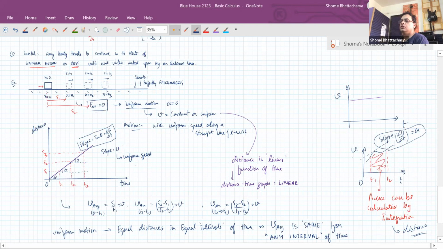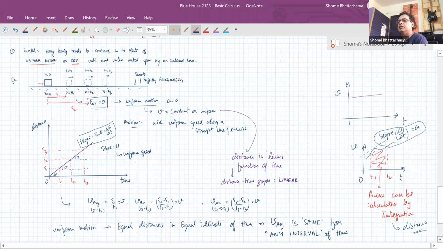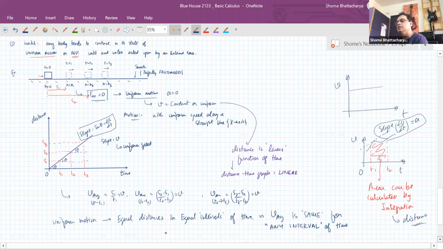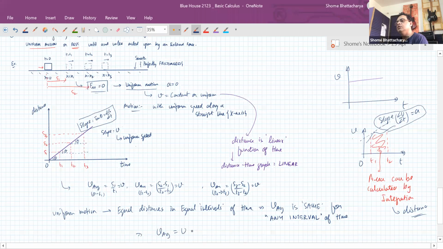So in mathematical language, what we will say is that the average speed is equal to the uniform speed, which is equal to the slope of the distance time graph.